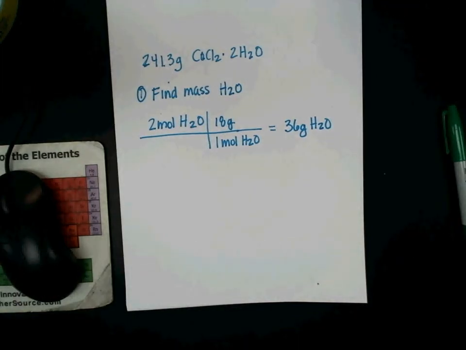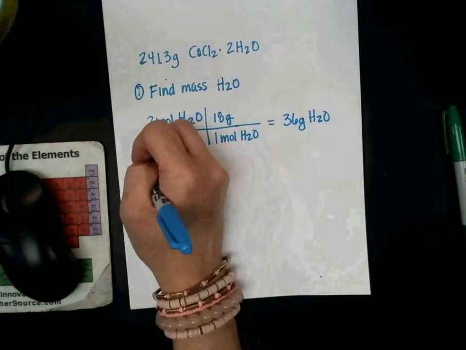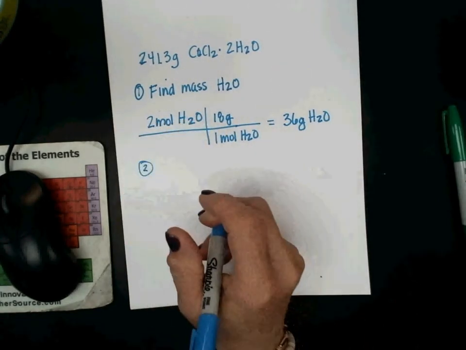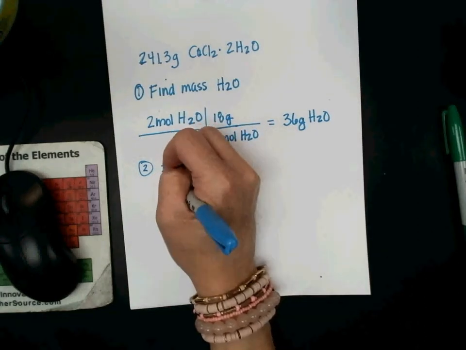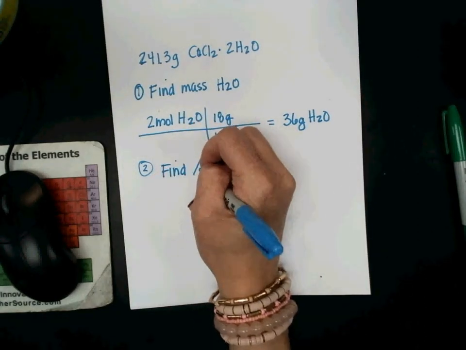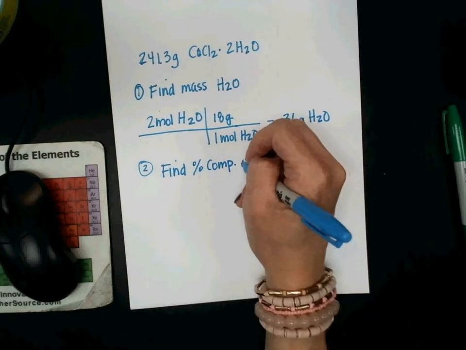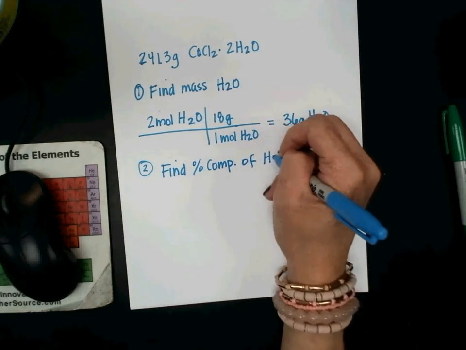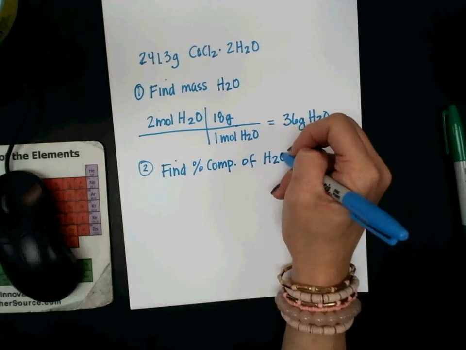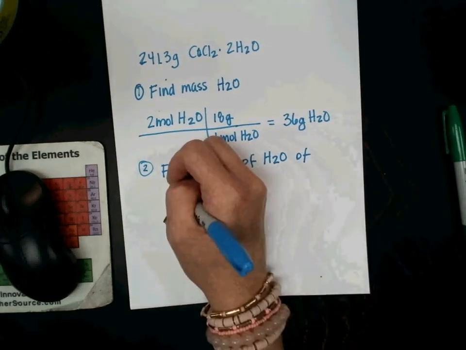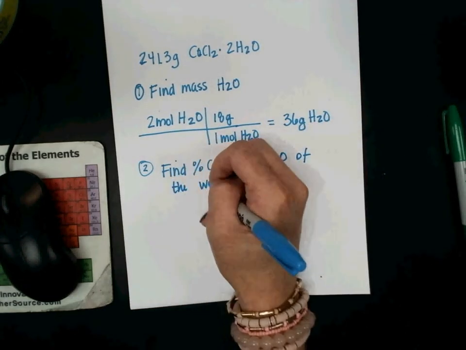All right, so now what we have to do in one of these problems, step 2, and this is something a little different, we have to find the percent composition of water of the whole, I'm going to say, and I'll show you what that means, or maybe from the whole.